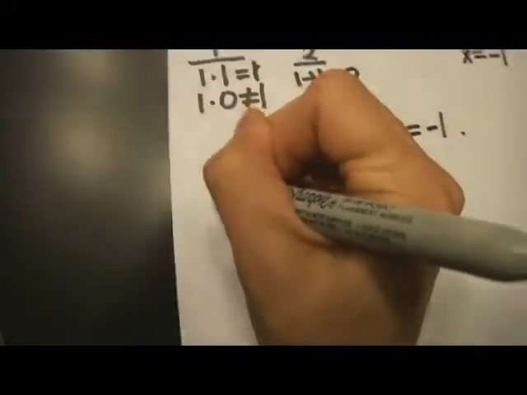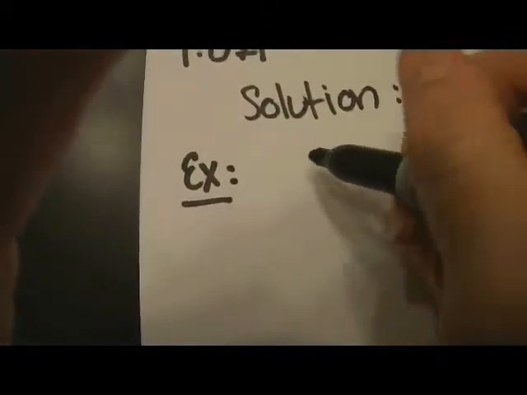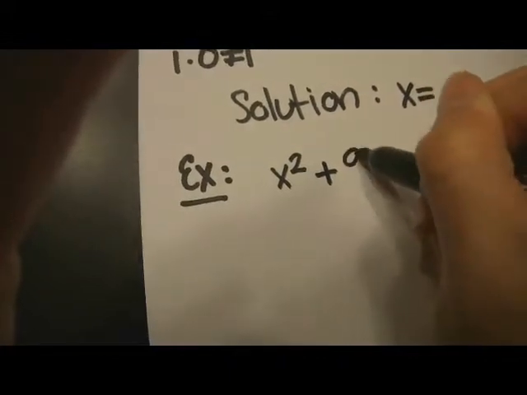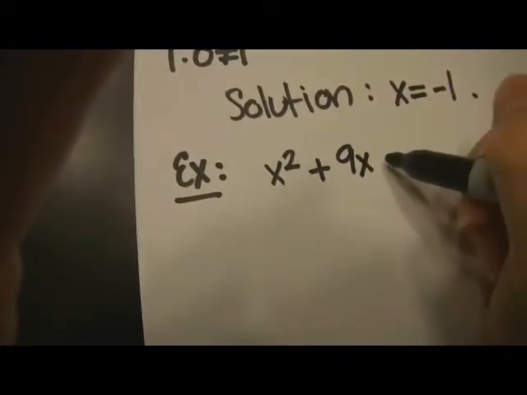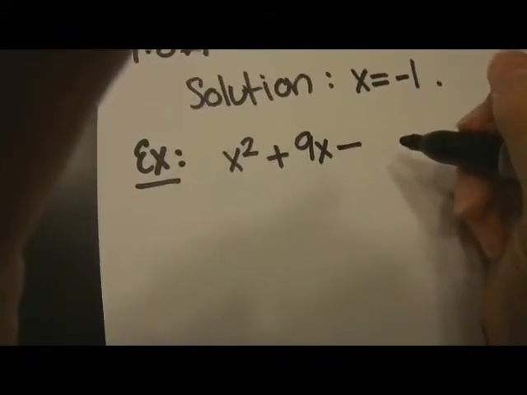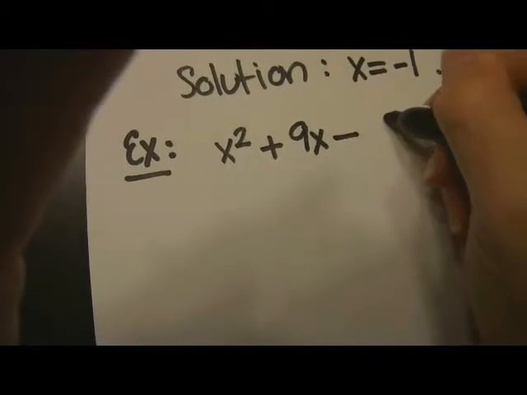Let's do one more example. Let's say we have x squared plus 9x minus 5.